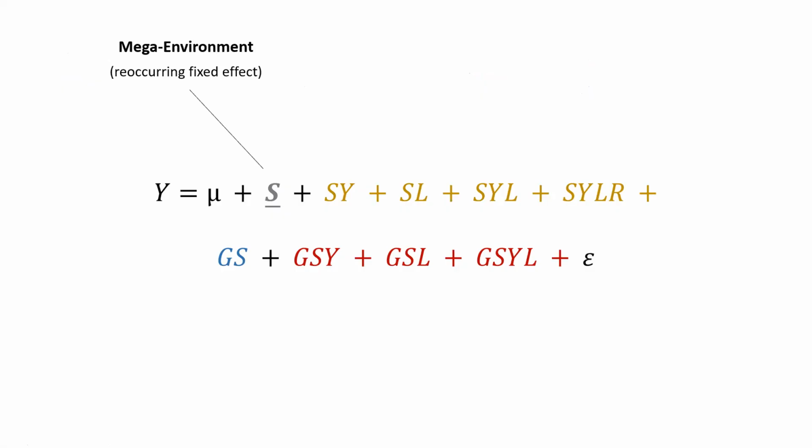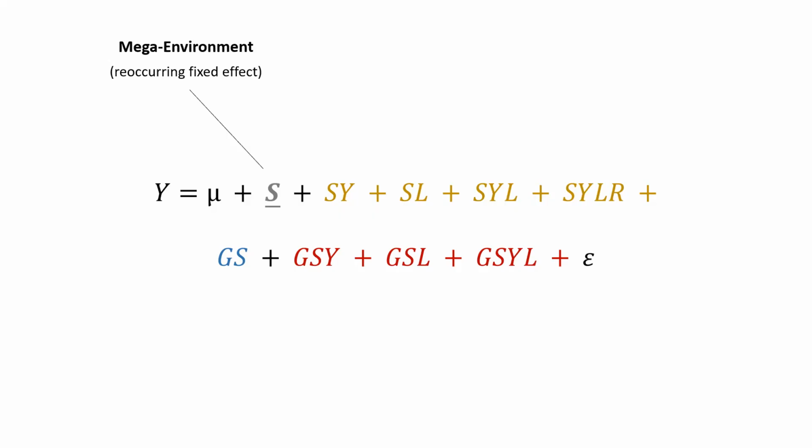As Gary mentioned, we're not sampling here. We have a hypothesis that these mega environments are different. We're sampling locations within these mega environments, but we're defining these mega environments as a fixed factor. And this is also important when it comes to modeling the genetic correlations between these 5 mega environments. It's important that they're defined as a fixed factor.